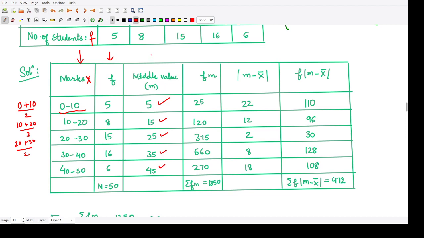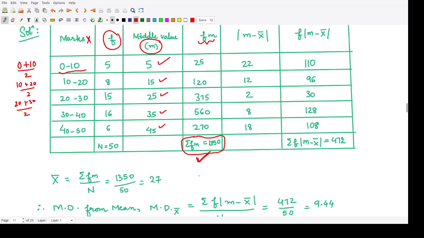So we multiply this middle value m by this f. So we obtain this quantity fm. So 5 into 5, 25, 18 into 15, 270, and so on. So you add up all this, so you have summation fm, that is equal to 1350. So for calculating mean, what do you require?